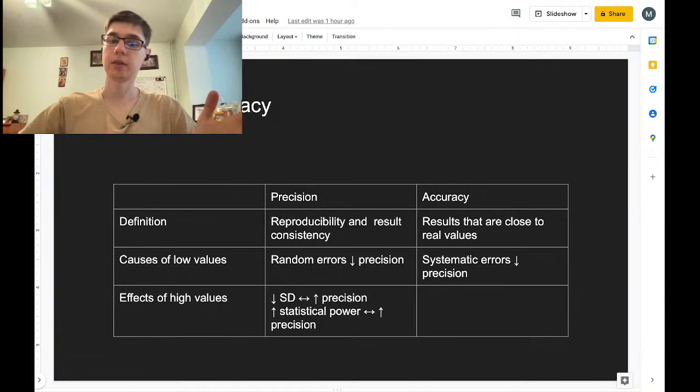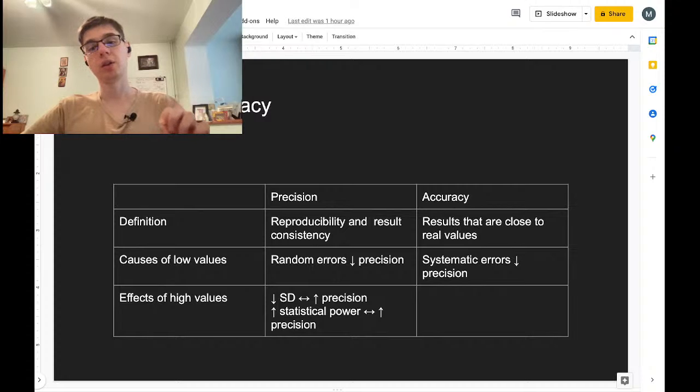On the other hand, accuracy is the ability to obtain results that are close to the real values. Low values of precision are seen with random errors. On the other hand, systematic errors lower the accuracy.